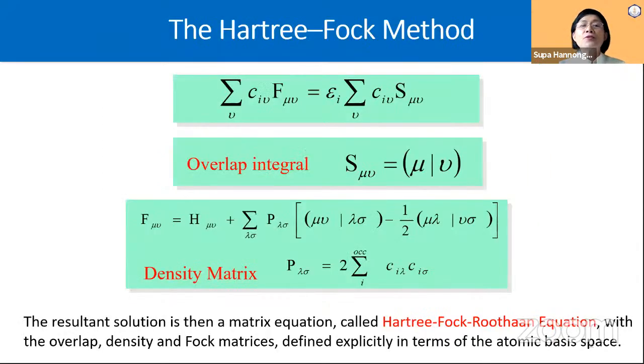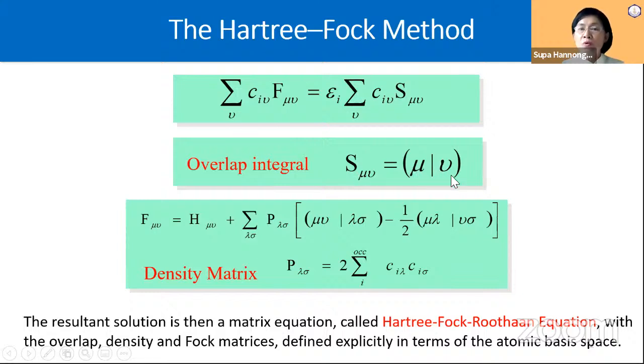So for the Hartree-Fock method, in mathematical summary, you have the matrix of the coefficients and the matrix of the Fock matrix, and then you have the spin orbital overlap integral between the two different orbitals, mu and nu.